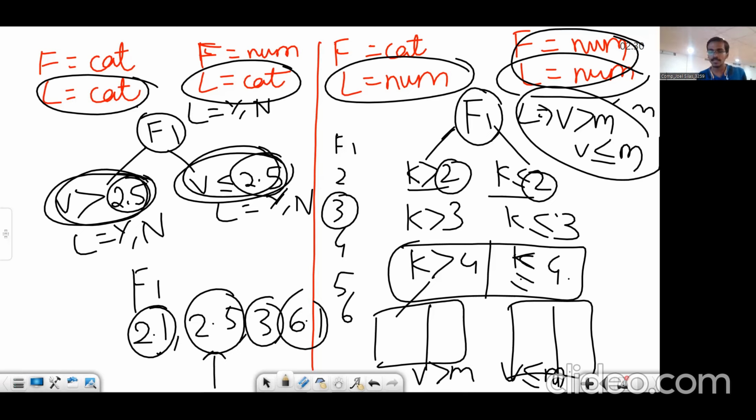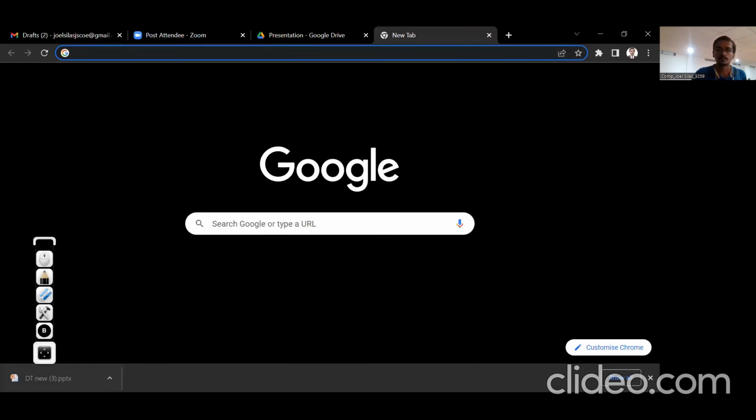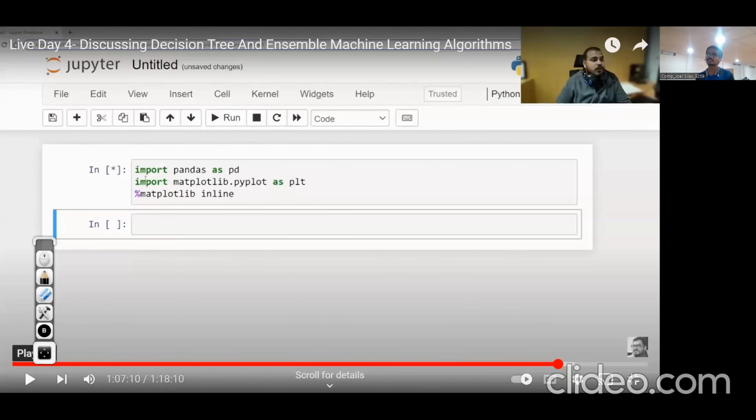Now I'll also run one example and show you. This example was executed by Krish Naik, who has a YouTube channel. So I'll show it to you. So here, this is an example of running a decision tree. Initially, we need to import pandas as pd, matplotlib.pyplot as plt.